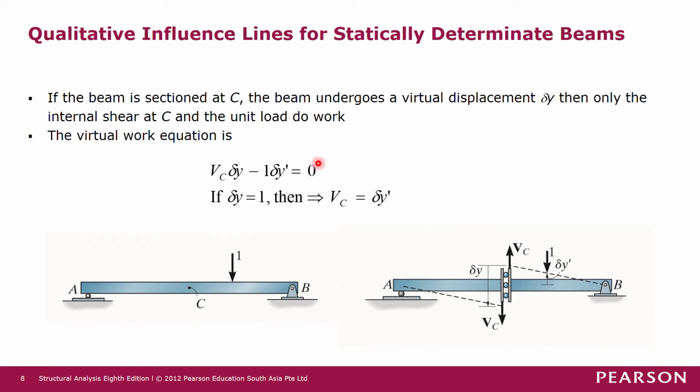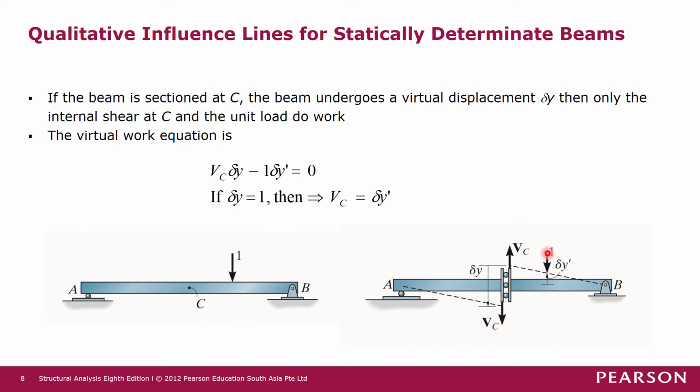And then as for shear, if the beam is sectioned at C and undergoes a virtual displacement del y, then only the internal shear at C and the unit load do work. These are the directions of positive shear. The shear on this side is going up, the shear on this side is going down.